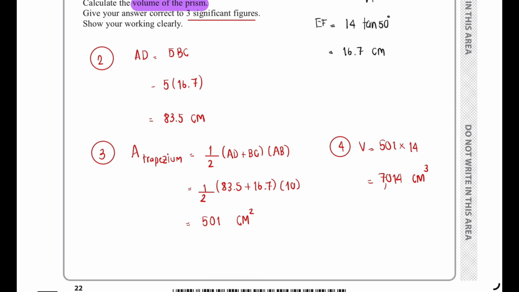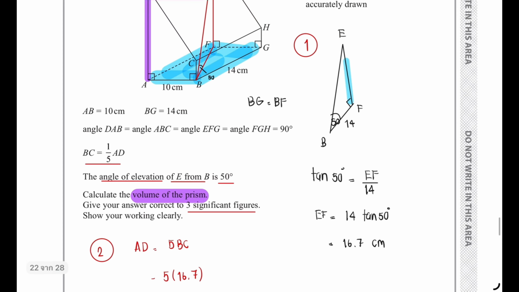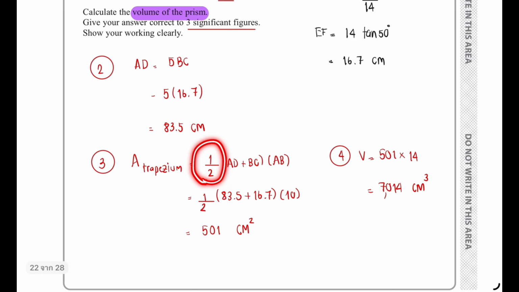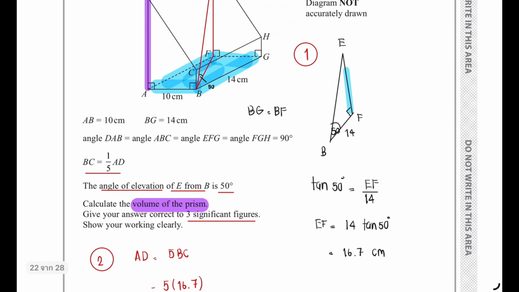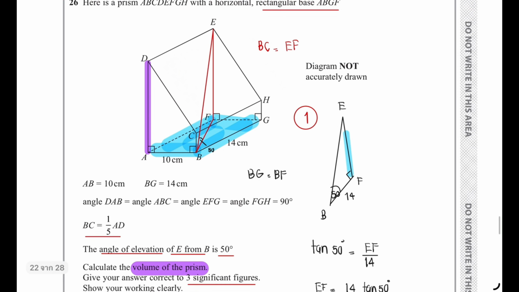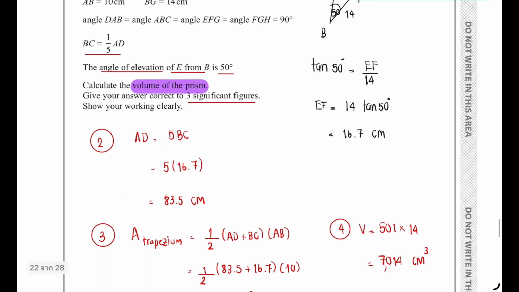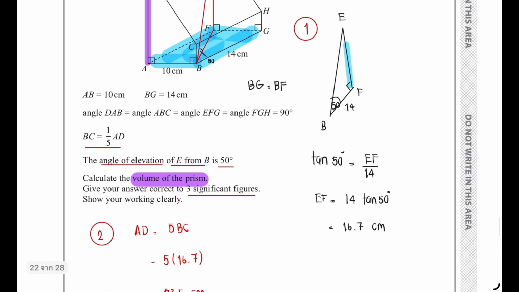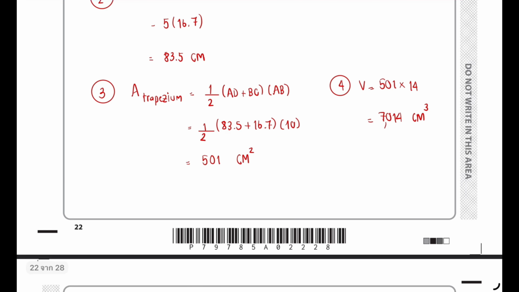The third step is I will find the area of the trapezium. Area of trapezium equals 1 over 2 times (AD plus BC) times AB, which is this line. So we will have 1 over 2 times (83.5 plus 16.7) times 10. So we will have the area of trapezium equal to 501 square centimeters.